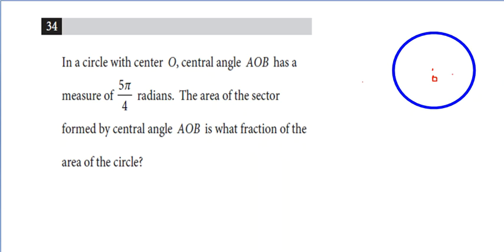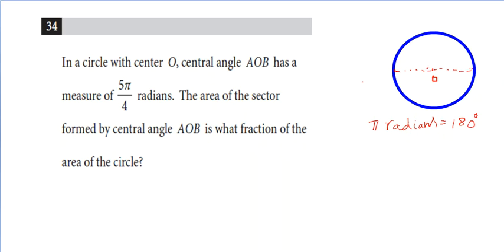Now it says it's 5 pi by 4 radians. So you should know by now that pi radians is equal to 180 degrees. So 5 pi by 4 is just a little bit more than pi radians, right? If it's pi radians, it would just be like this.